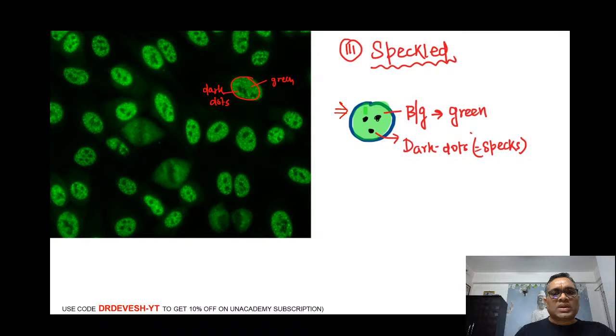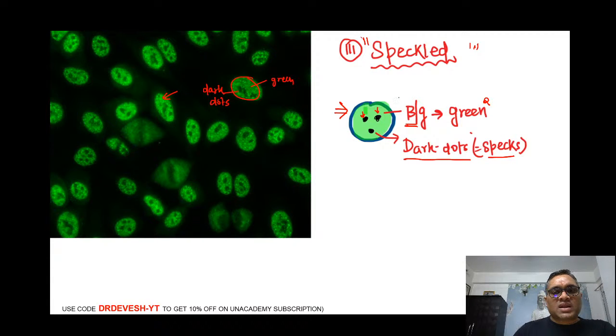You can notice the background color is green, and in this green background you can notice these black dots, like specks. So what is this? A speckled pattern of immunofluorescence.